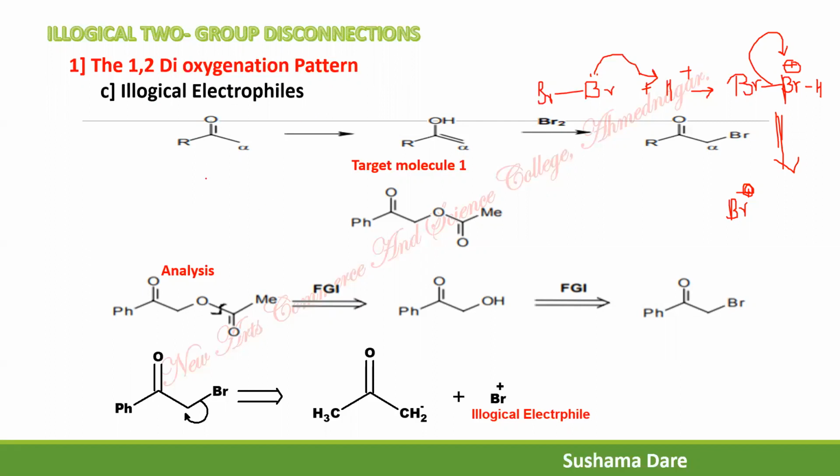Now the next thing is, why do we generally prefer the acid catalyzed halogenation of ketone? The reason behind it is, this is also an acceptor, and now you may have an alpha hydrogen here, and an alpha hydrogen here, so it becomes very difficult for a base catalyzed reaction.